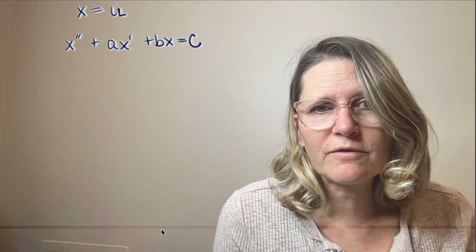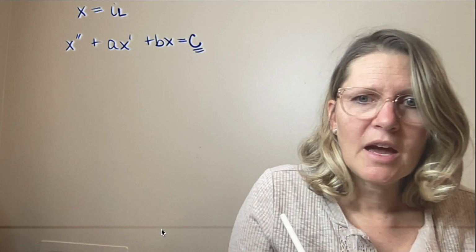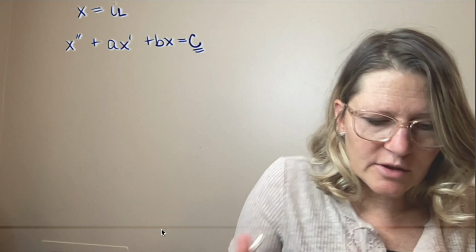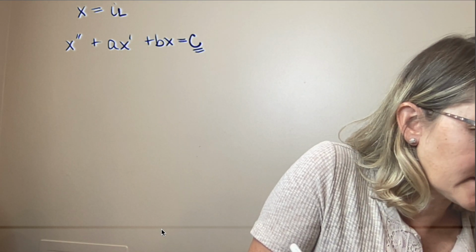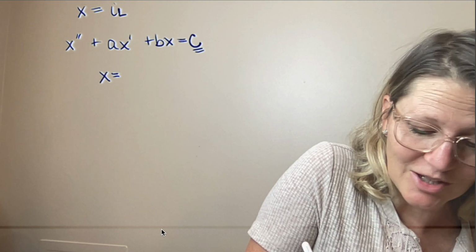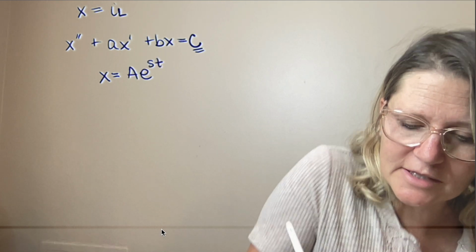Then you find the particular solution when you set it equal to C, and you add those two together for the total solution. We know this because we know the answer, that X is of the form AE to the ST.